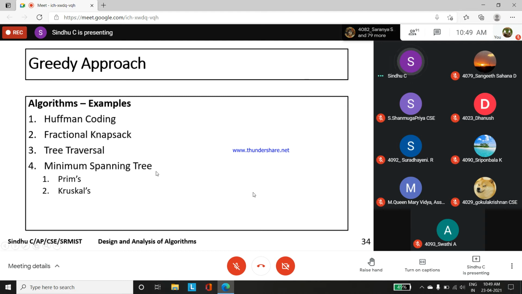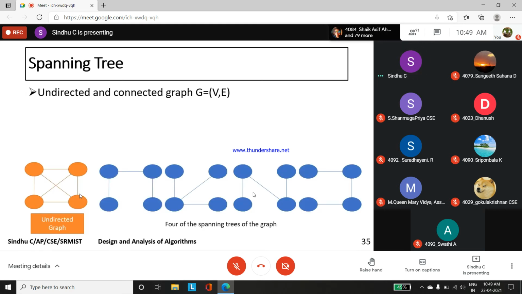So in this session, we will be discussing Kruskal's minimum spanning tree. Before we discuss that, let us discuss this spanning tree. So this is an undirected graph. Okay. So G stands for graph, and these are vertices, and these lines are the edges. Right.